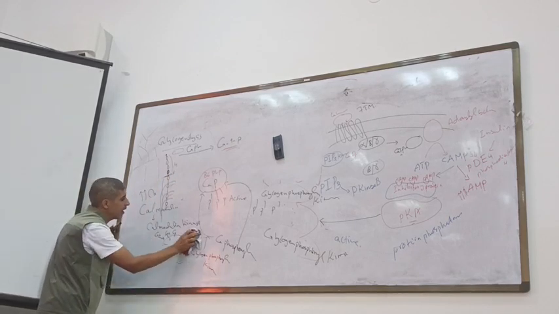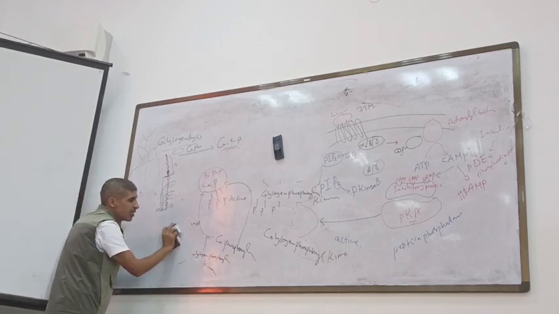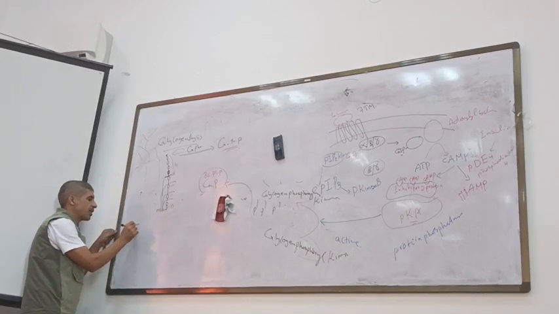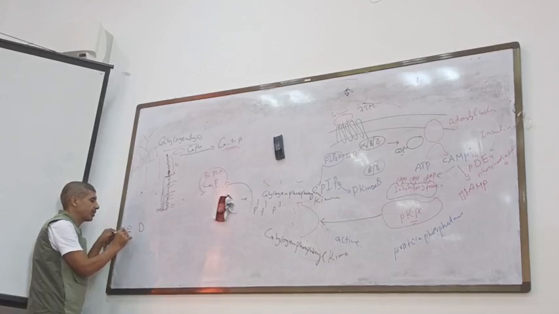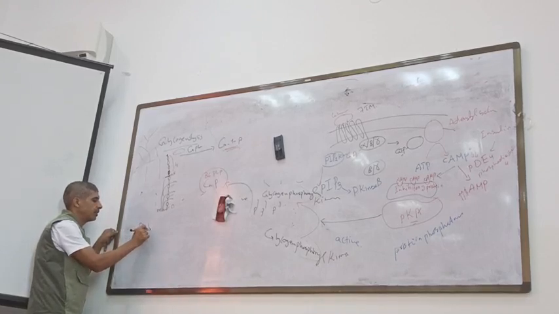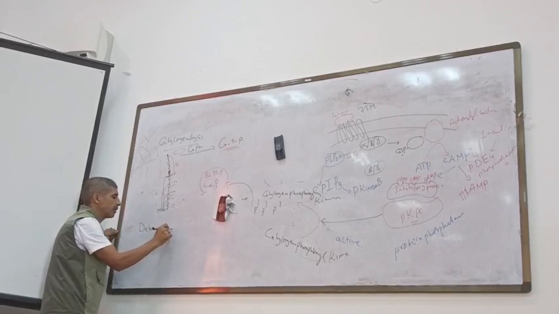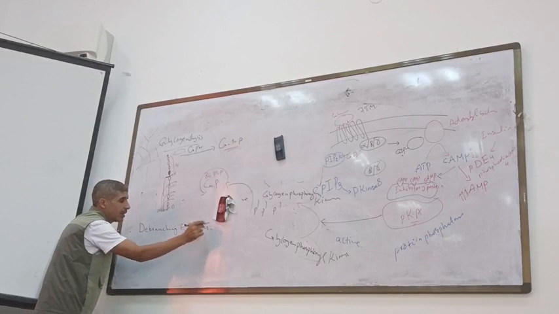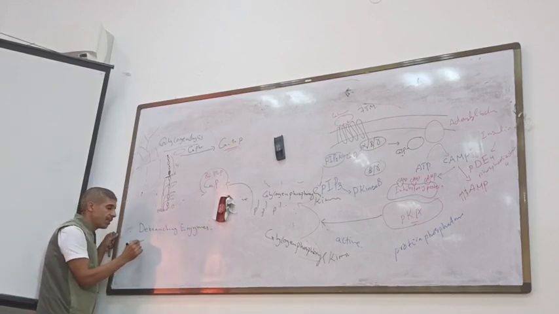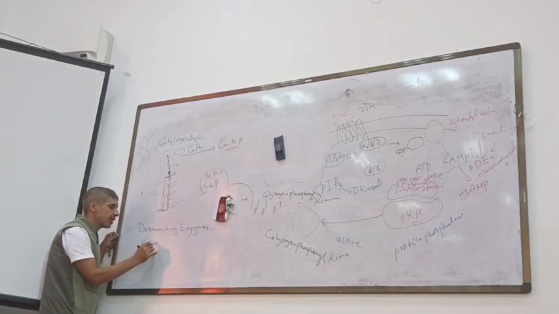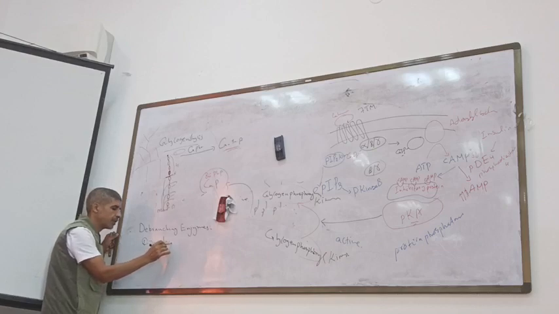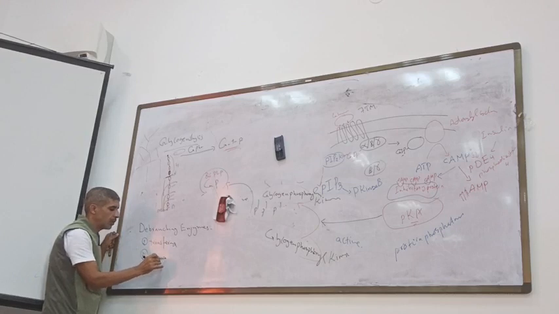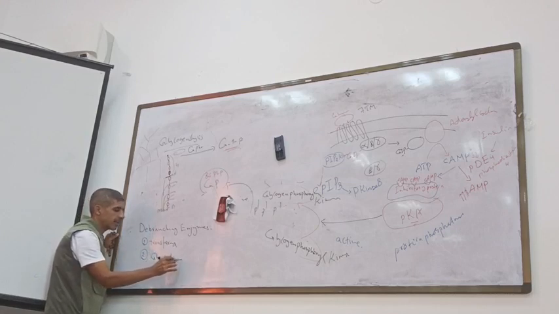What is the branching enzyme? The branching enzyme is, number 1, a transferase enzyme, and number 2, a glucosidase enzyme.